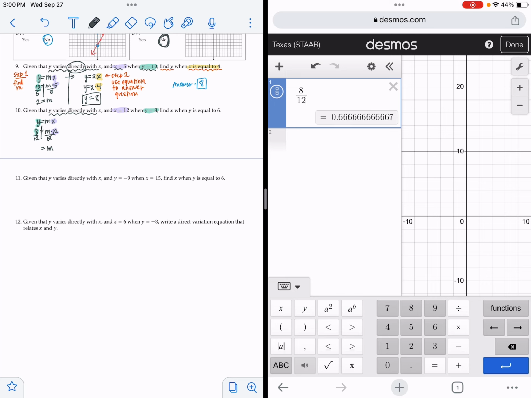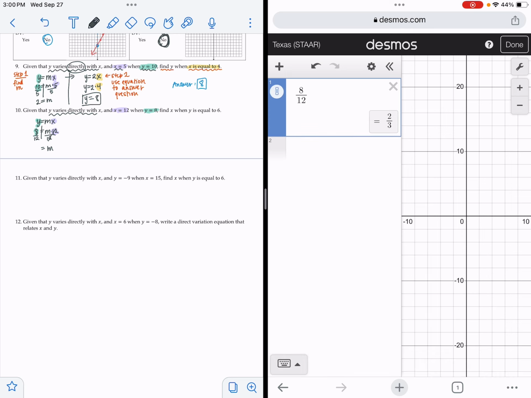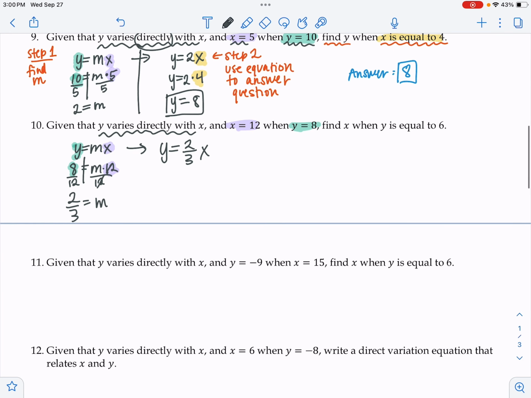If it's a repeating decimal, definitely use the fraction 2/3. Okay, and so my equation is y equals 2/3 x. Okay, and so we are done with that first point.